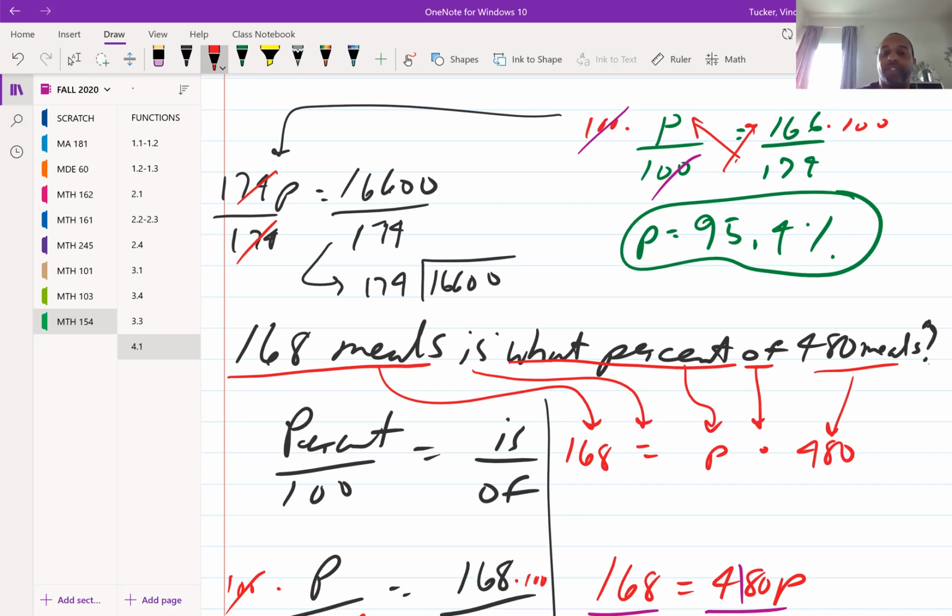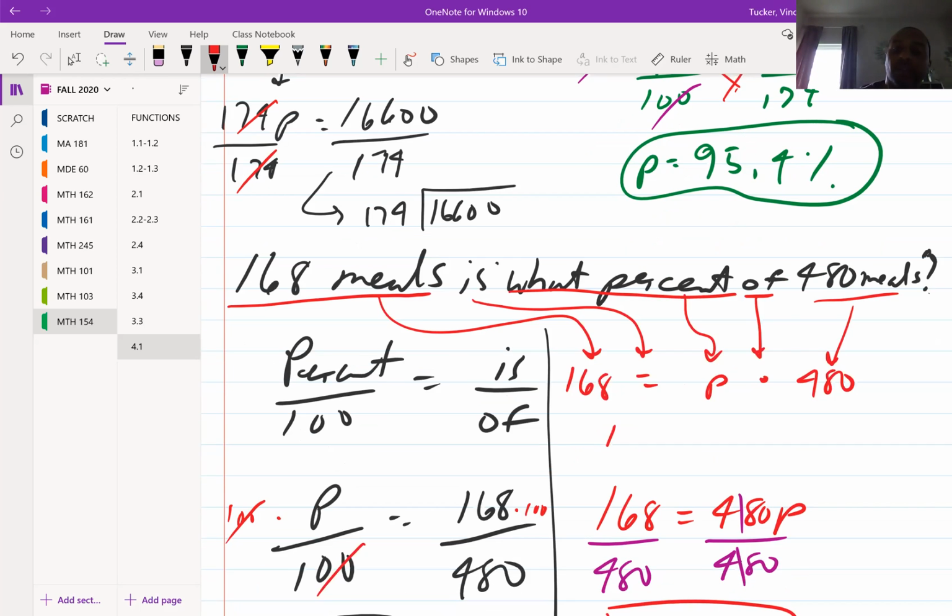So you have 168 equal to P times 480. That's another way of setting up your relationship, using an equation. You can solve them both ways, and once again you'll get the same result. So that'd be 168 equal to 480P.